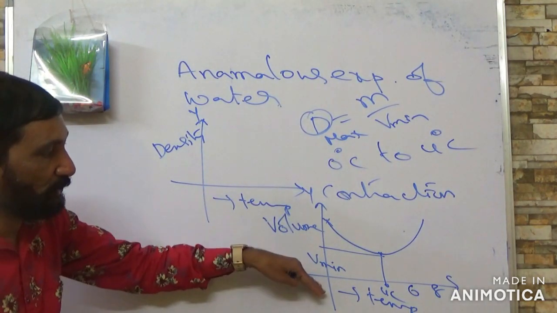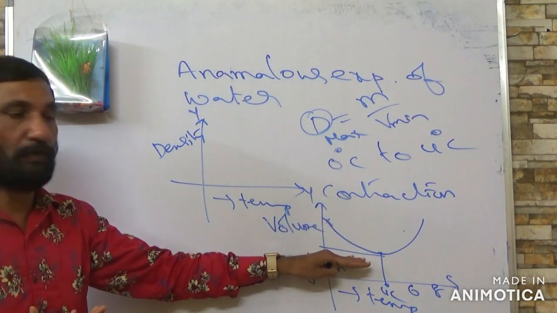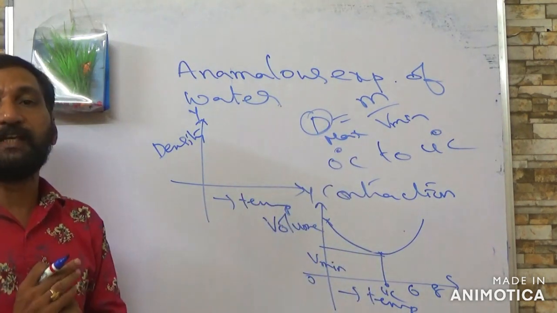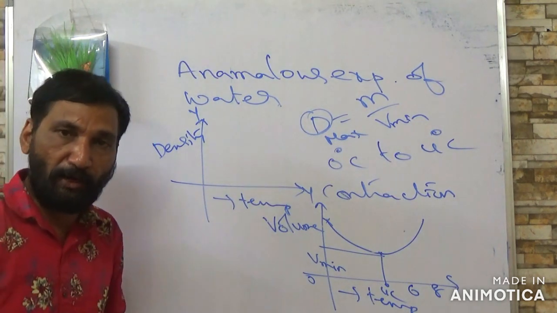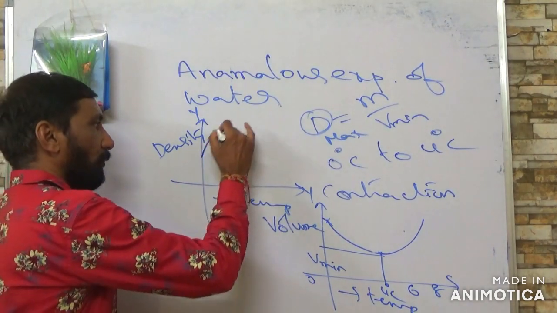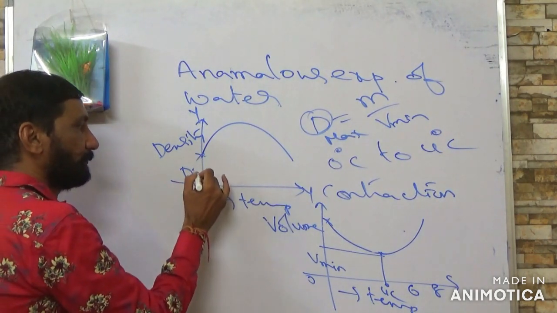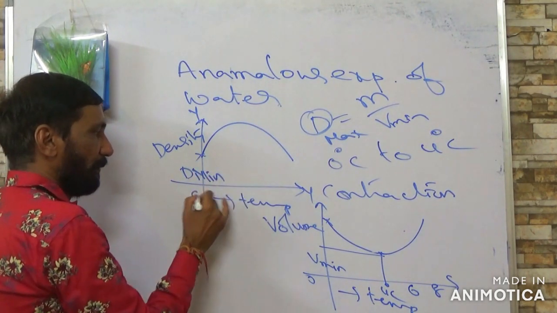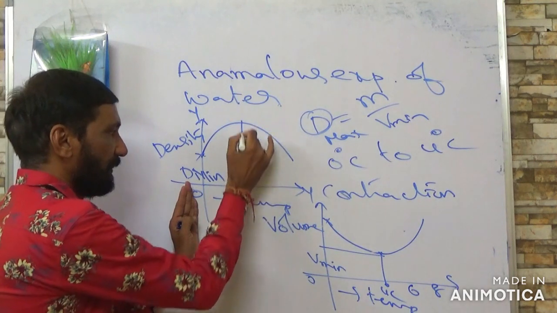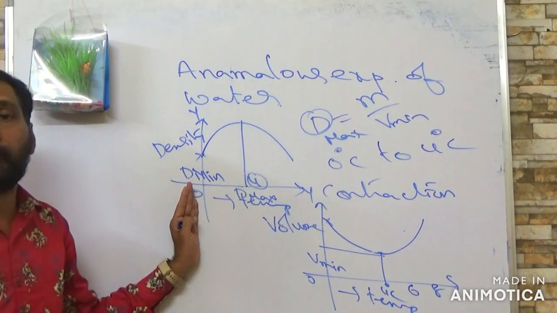So as you increase the temperature, the volume of water decreases and density becomes maximum at 4 degree centigrade. More dense water is always down, less dense water is always up. So this is the graphical representation, exactly reverse of the volume graph: as you increase the temperature, density becomes maximum at 4 degree centigrade.